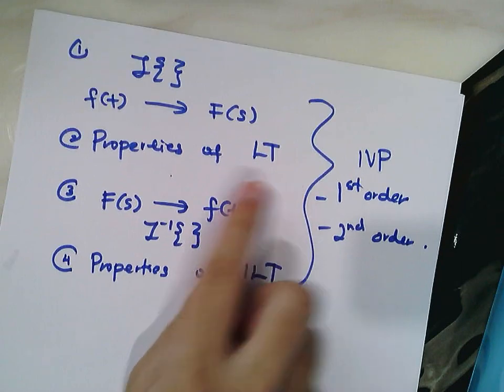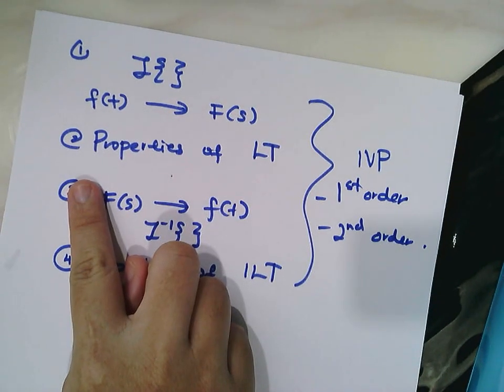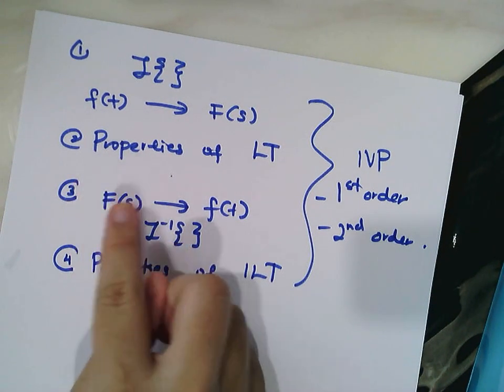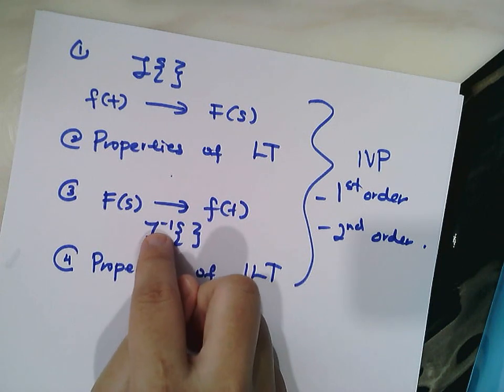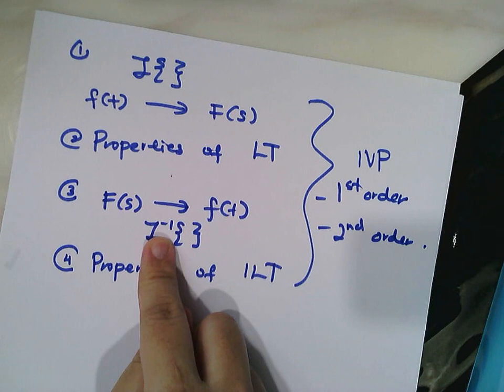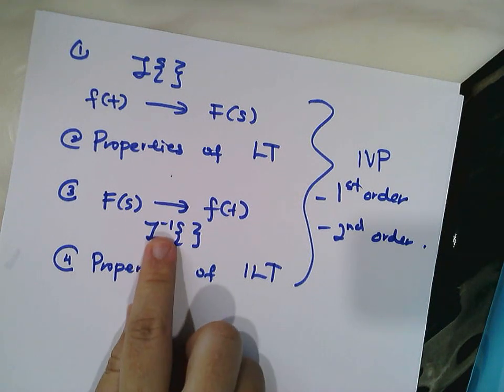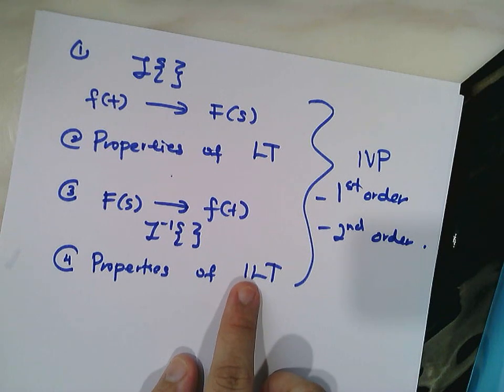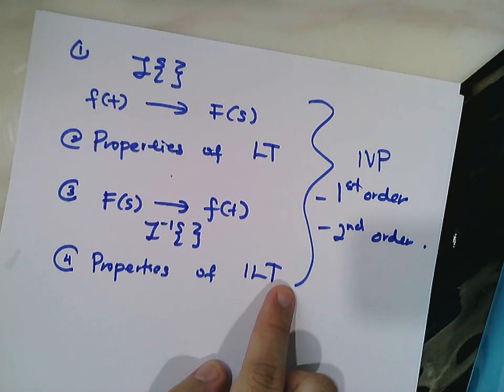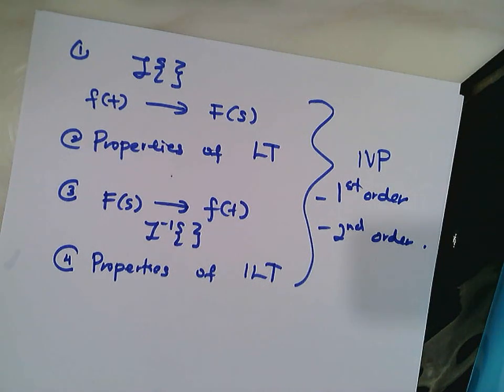Next, we already covered how to find the inverse Laplace transform, which means from F(s) to get your f(t) by using inverse Laplace transform. And we also learned the properties of inverse Laplace transform, which include linearity properties, first shift properties, and also inverse Laplace transform of rational function or partial fraction.